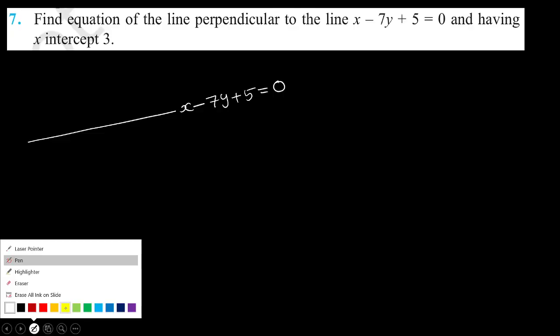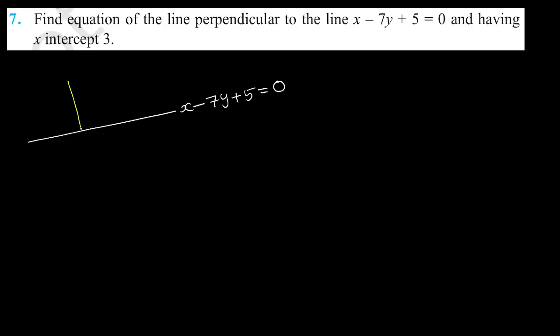We are given a line x minus 7y plus 5 equal to 0. We have to find a line perpendicular to this given line, having x-intercept 3.